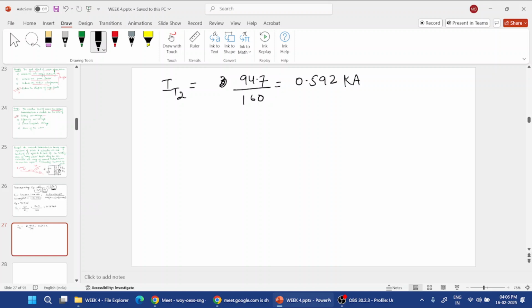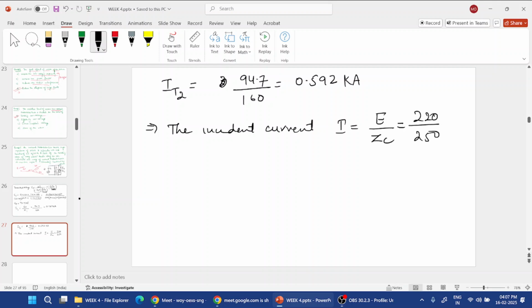But first we will calculate the incident current which is coming toward the junction. Let's say this is I, and it's equal to E divided by ZC. E is 220, divided by the surge impedance 250, so it will come out to be 0.88 kiloampere.